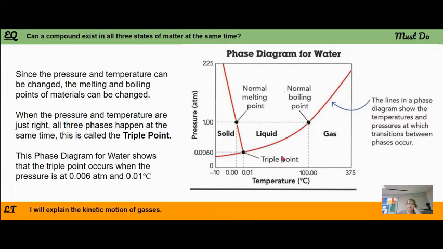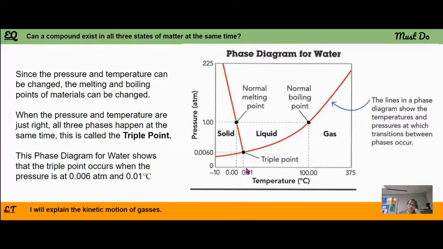Now, when we're looking at this, you can see that all of these lines come together at this one point. That is called the triple point. And at that one point, all three states of matter exist at the same time. So if you were looking at water at 0.006 atmospheres and at 0.01 degrees, right?